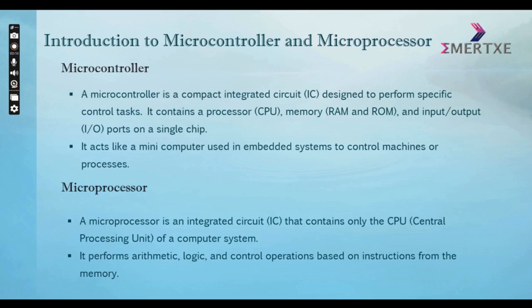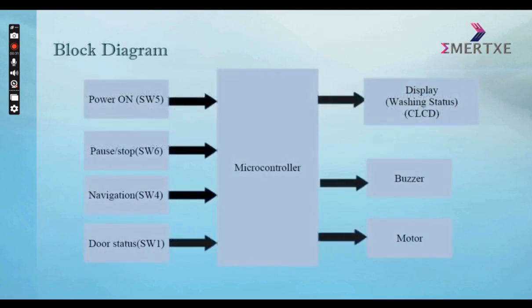It performs arithmetic, logic, and control operations based on instructions from the memory. Examples of microprocessors are Intel 8085 8-bit, Intel 8086 16-bit, Intel Core i5 or i7, and the Ryzen series.